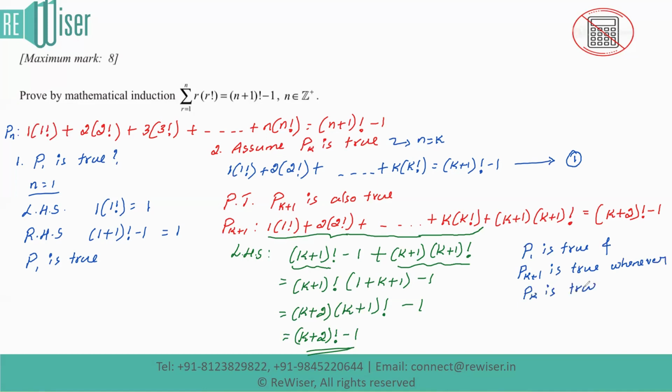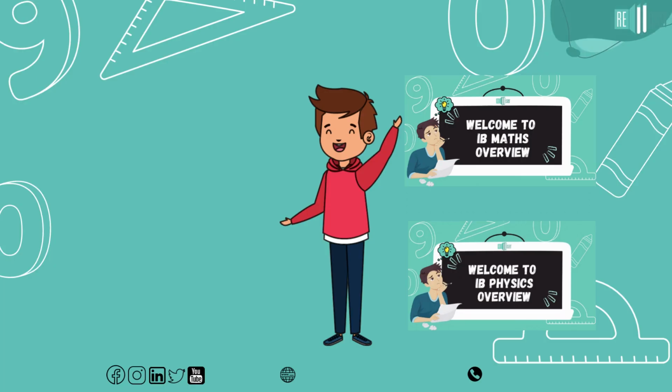That is the reason. Therefore, P of n, referring to this main statement, is true for all positive integer values of n. And this is the right answer for this sum.